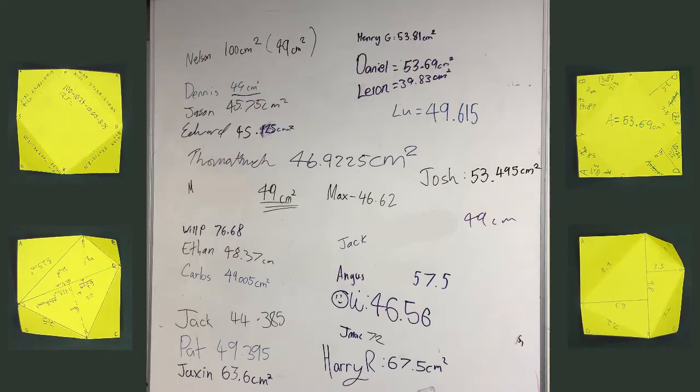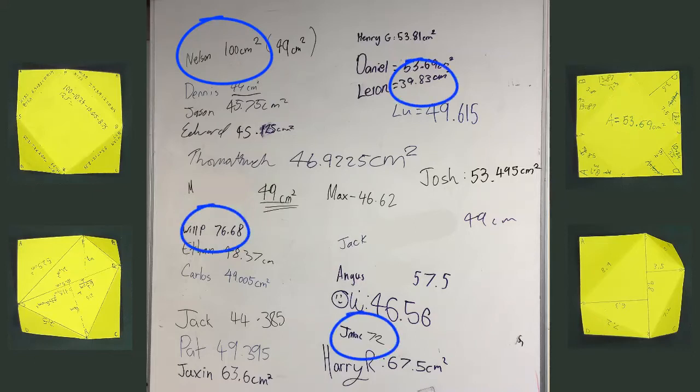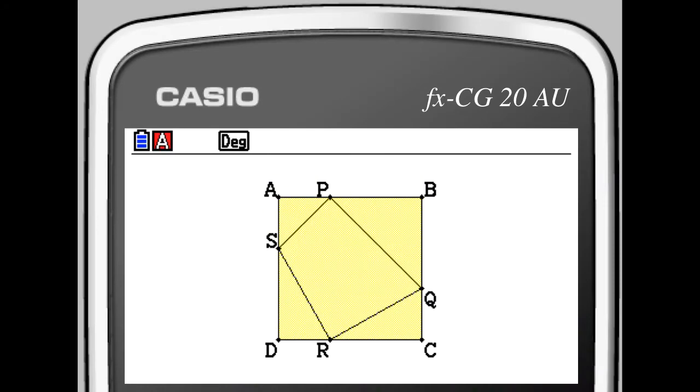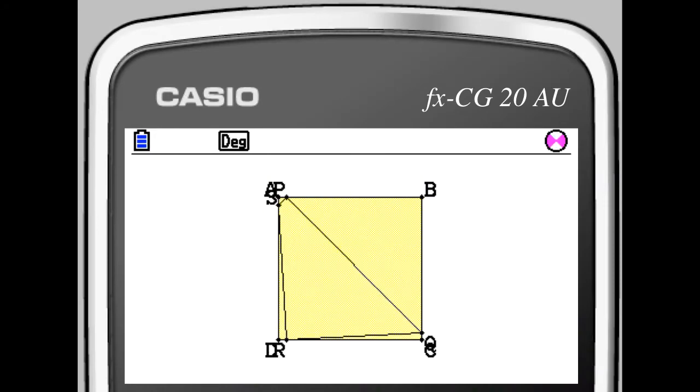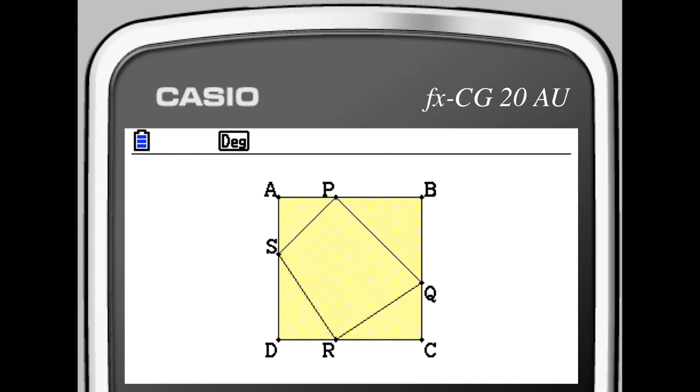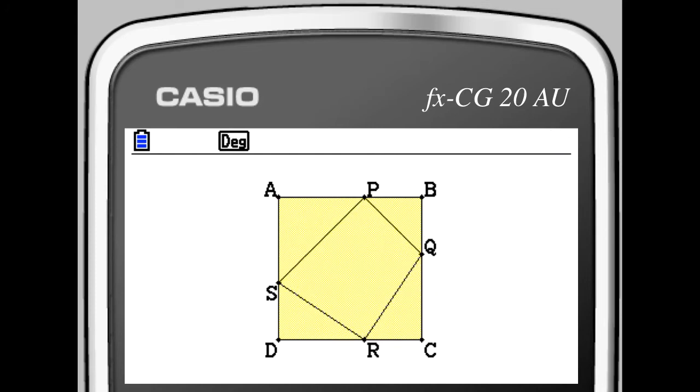Oh, and obviously some of the calculation processes used were a bit dodgy. Also, maybe some of the measuring was less than accurate. So exactly what is going on here? To help your thinking, watch this animation that tries to illustrate all of the quadrilaterals that could have been made.